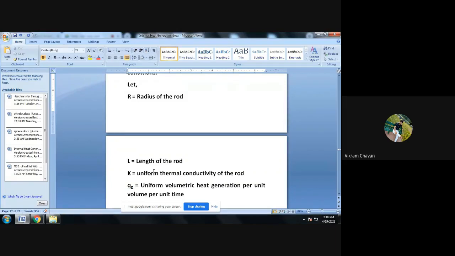Capital L is equal to length of the rod. K is equal to uniform thermal conductivity of the rod.